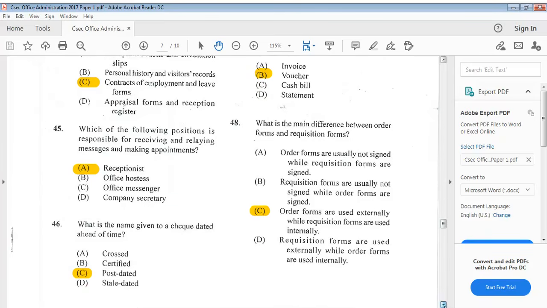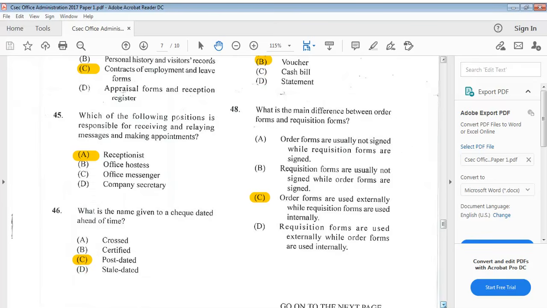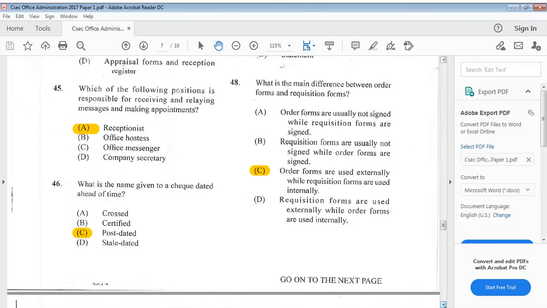Let's go on to number 46. What is the name given to a check dated ahead of time? That's a giveaway. It's not A, crossed, it's not B, certified, nor D, stale dated, but it is referred to as C, post dated. That is when a check is dated ahead of time.